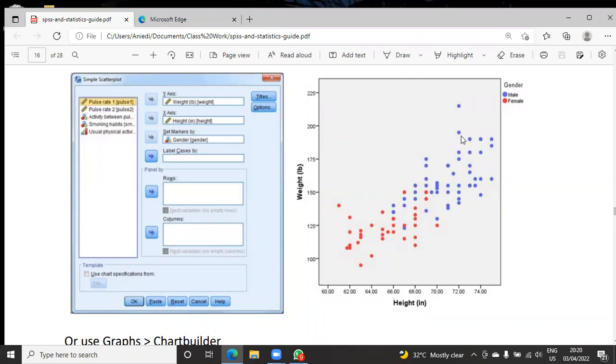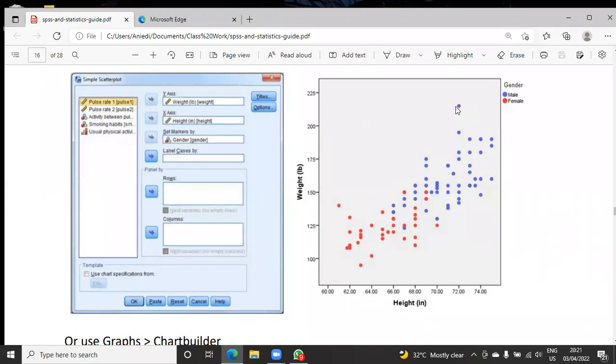Two of them fall above the other ones. The one with the highest weight is above 200, then the other is close to 200. All of them are males at the height of 72.